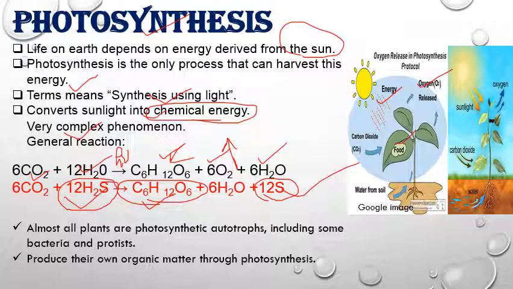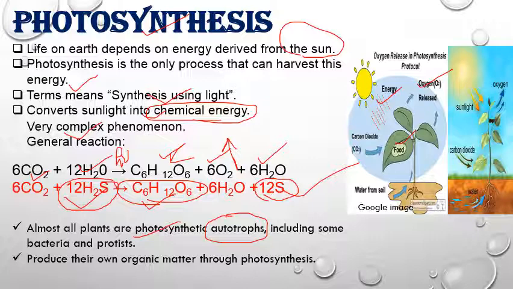And almost all plants show this autotrophic phenomenon, meaning they can synthesize their own food. But there are some exceptions. In angiosperms, there is one plant, Monotropa, commonly known as the Indian pipe plant, that lacks chlorophyll and is saprophytic in nature, using dead decaying organic matter for its growth.